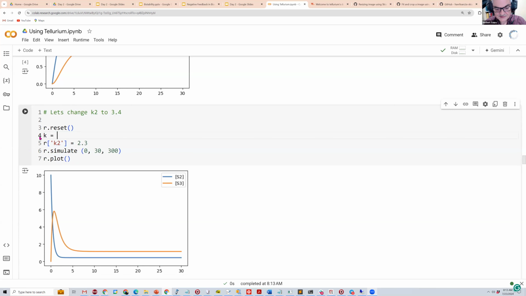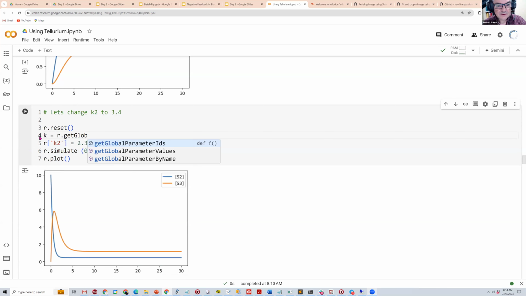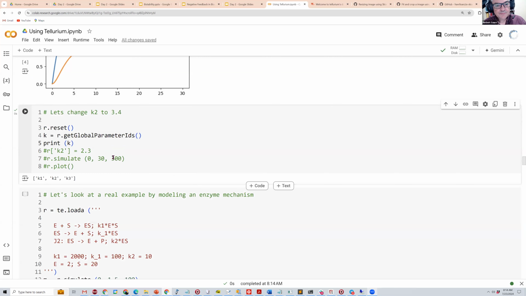So first of all, I'm going to get all the parameters, get global parameter IDs. So what I'm going to do is I'm going to comment these out. We're going to do this stage by stage, and I'll print K, right? Okay, so get global parameter IDs simply returns a list containing all the names of the parameters. Okay. So what I can do now is, let me change that to parameters.